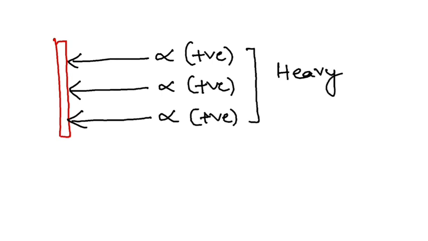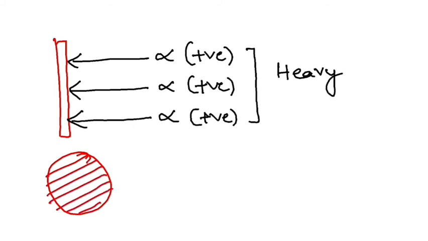Right? So now, if I assume that Thomson's model is correct, let me draw Thomson's model here. Alright, so these are all negatives, not positive. These are all negatives, and the red color is positive.